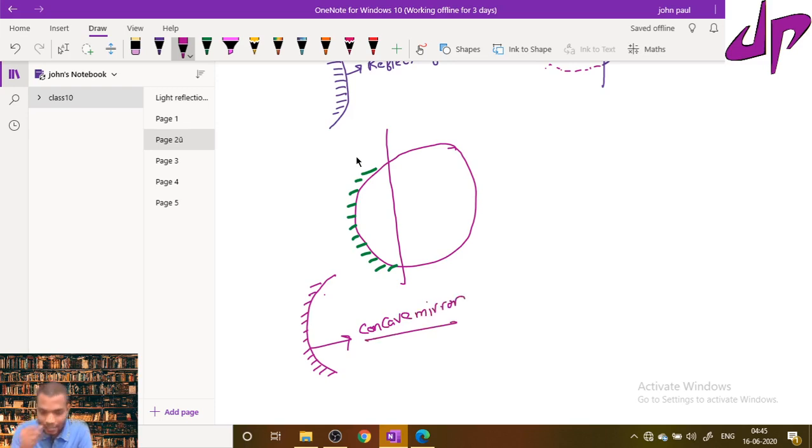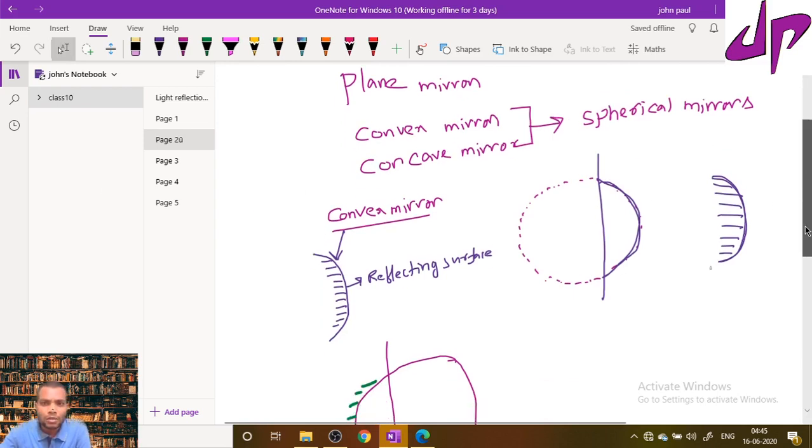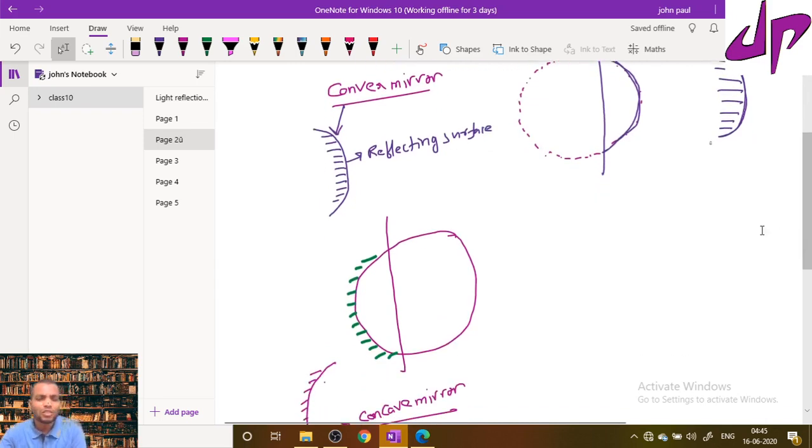So spherical mirrors are of two types: the convex mirror and the concave mirror.